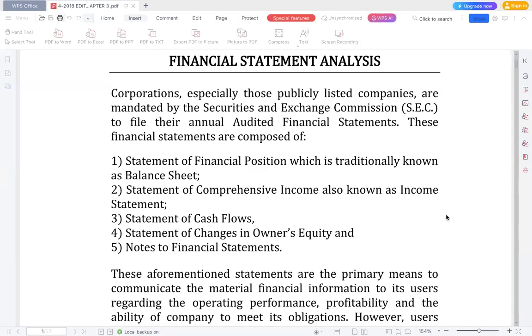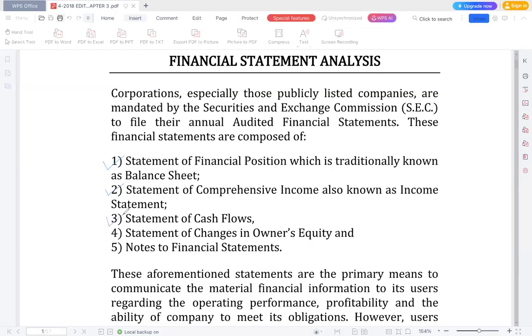Financial statement analysis. We have discussed the different components of financial statements, such as the statement of financial position, traditionally known as the balance sheet, and the statement of comprehensive income, also known as the income statement.